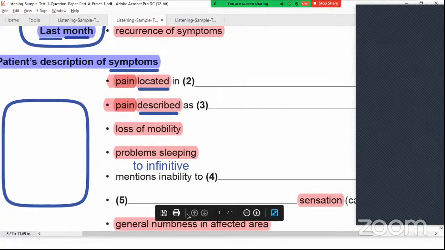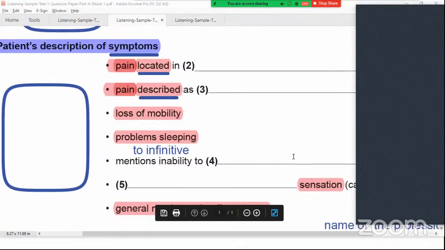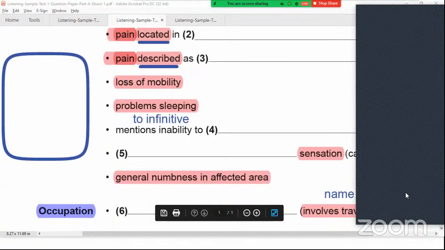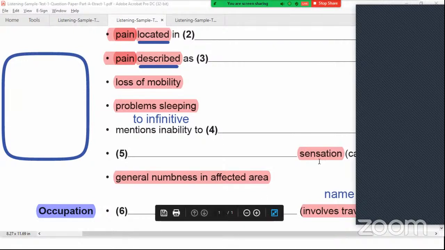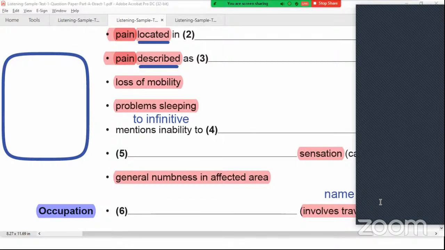Question number 5. Dash sensation. 7, 6, 5, 4, 3, 2, 1.